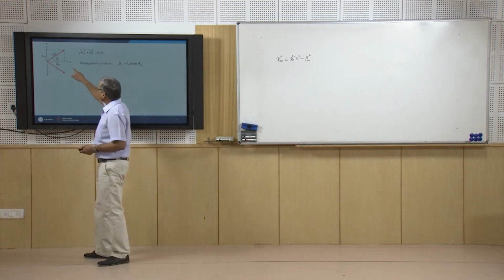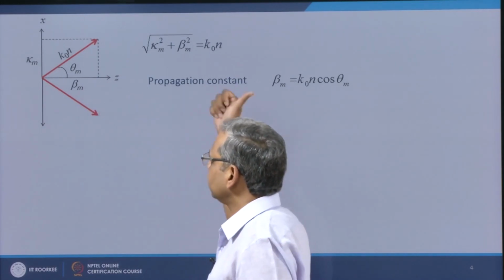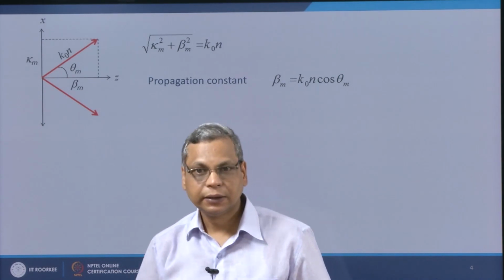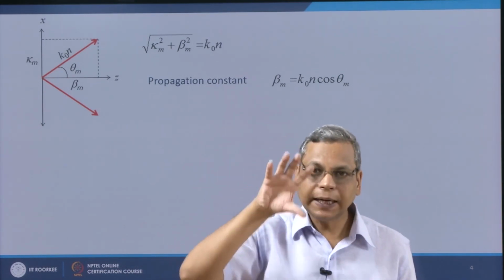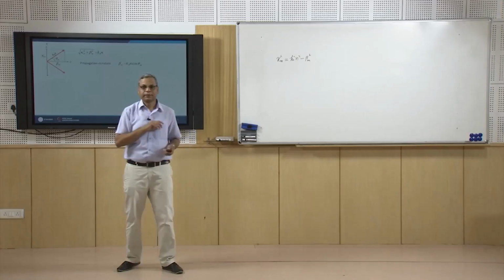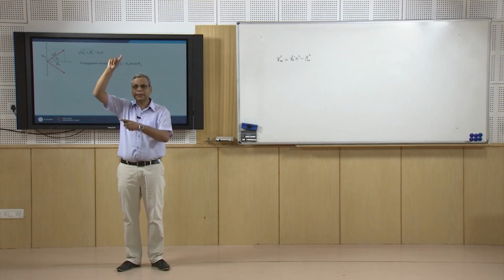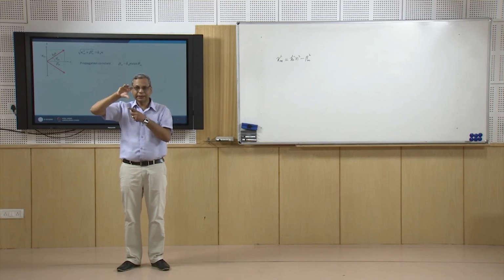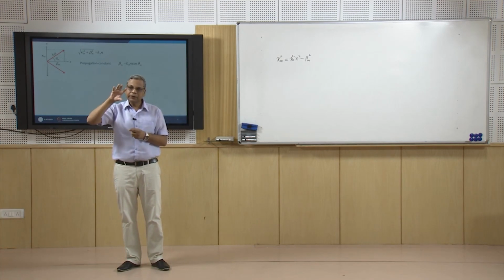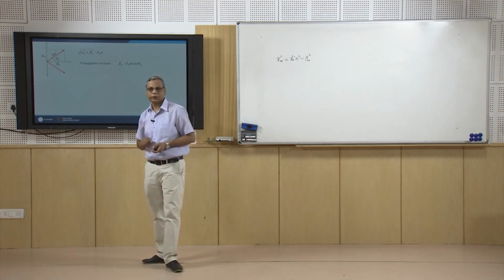In z direction, this also gives me propagation in positive z, this also gives me propagation in positive z. So, I have a standing wave in x which propagates in z. The energy does not flow out in x direction, the wave stands in x direction, but that standing wave pattern flows in z direction. This is the mode.